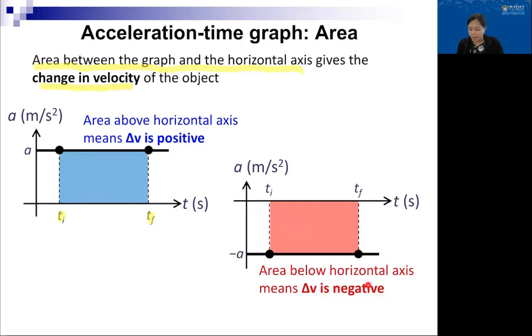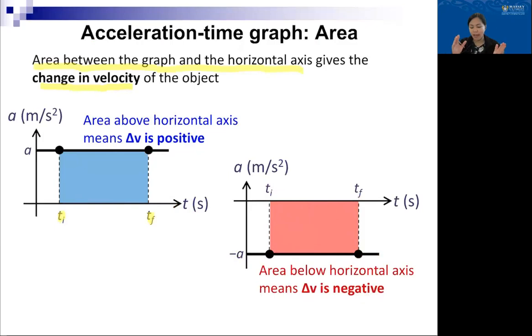Okay, and a negative change in velocity means that either your object is slowing down so that its final speed is smaller than the initial speed, or that your object is moving to the left, to the negative direction. All right. Okay, so does that make sense?